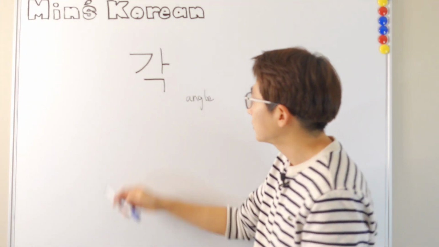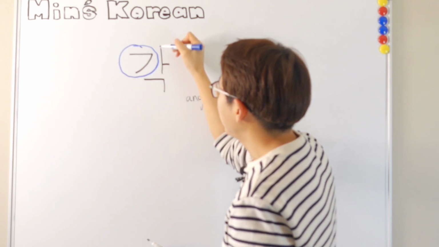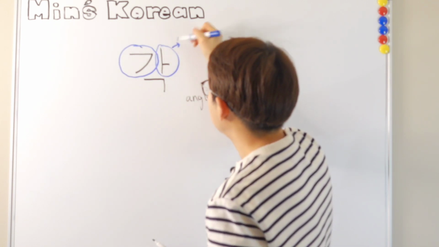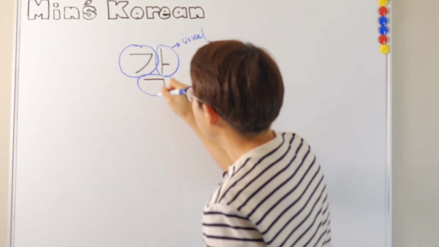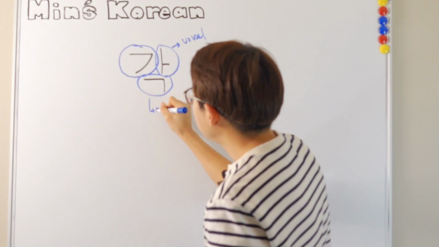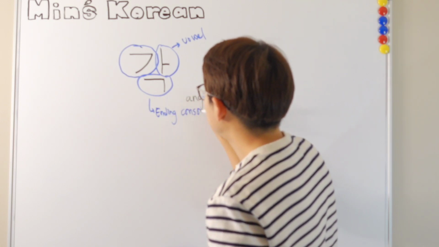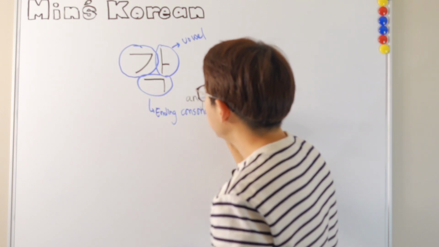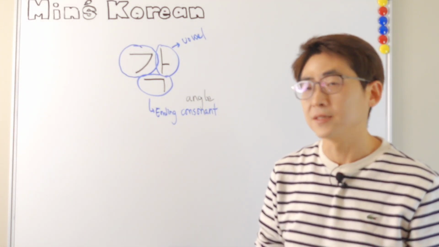And this one over here is the initial letter, and here is a vowel, and lastly we have the ending consonant. And this ending consonant we call 받침 in Korean.